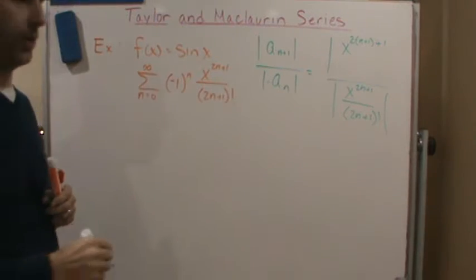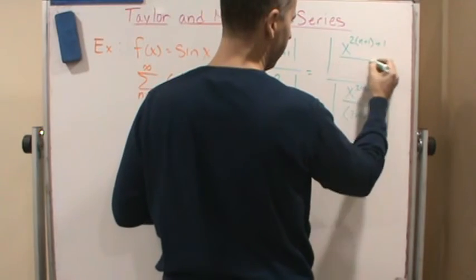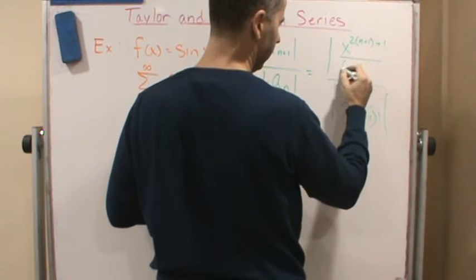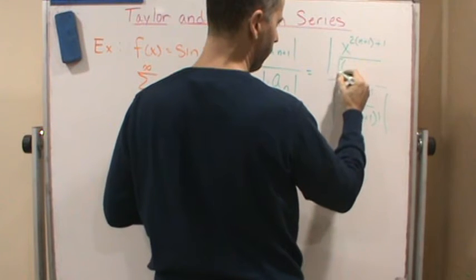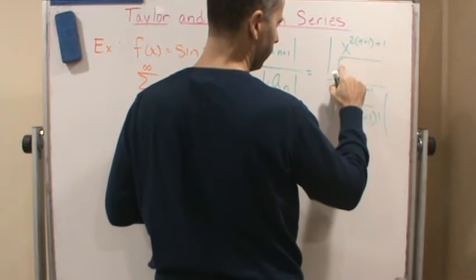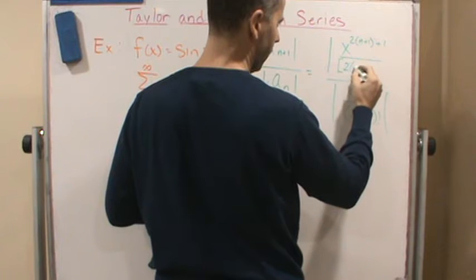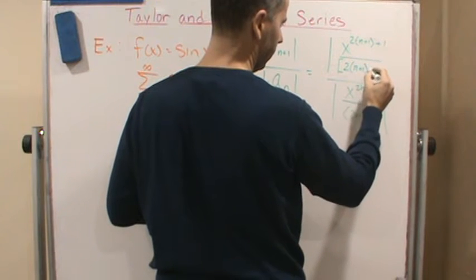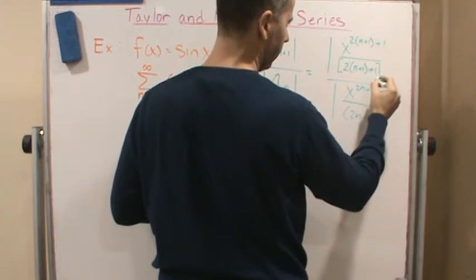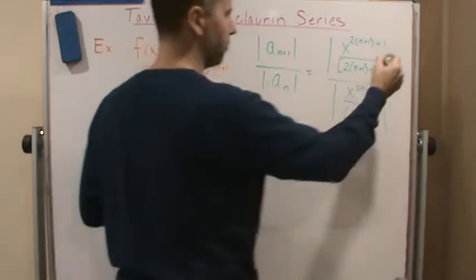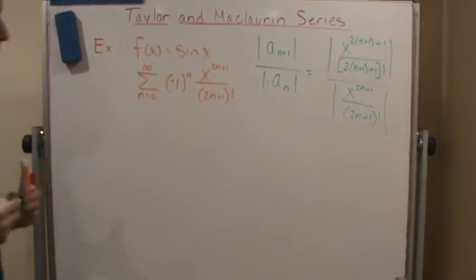Okay, that's what I should have written. And so then the bottom is going to be the quantity 2 times n plus 1 plus 1 factorial. Okay, so that's what I wanted. Sorry about that.